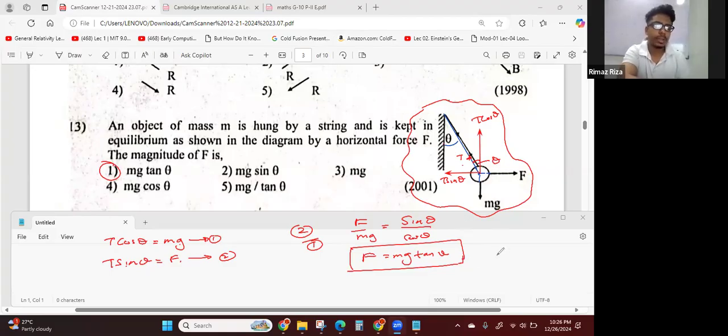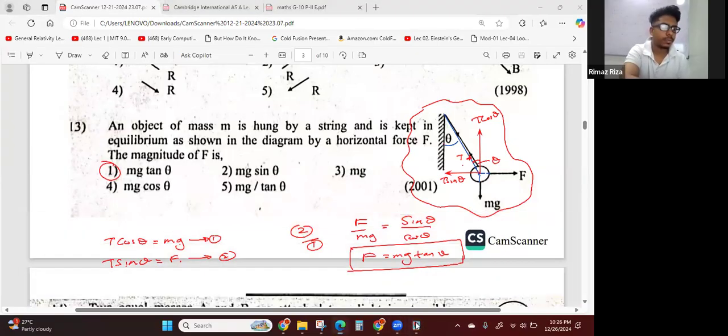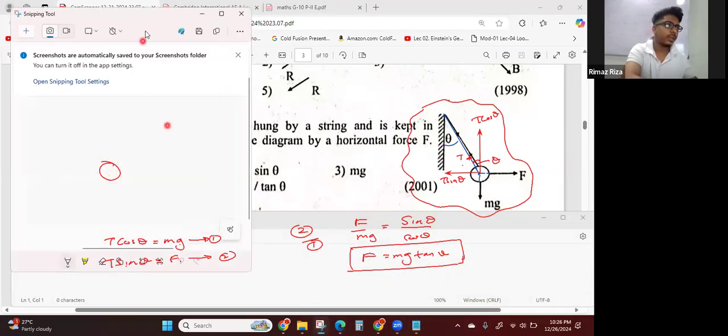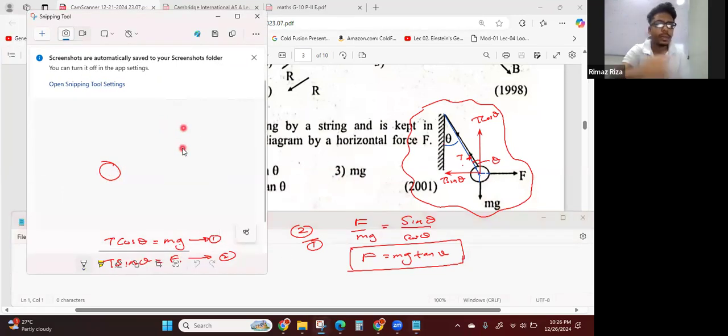A triangle of forces. Okay, so here we can do another method also. Here we can consider the force equilibrium. If it's in equilibrium, we can construct a triangle.